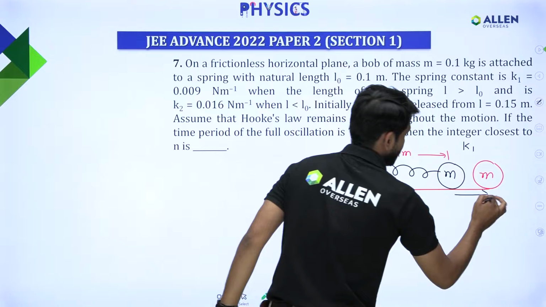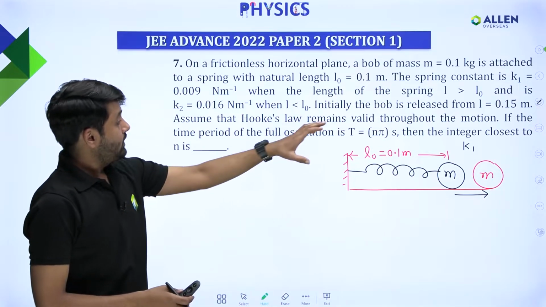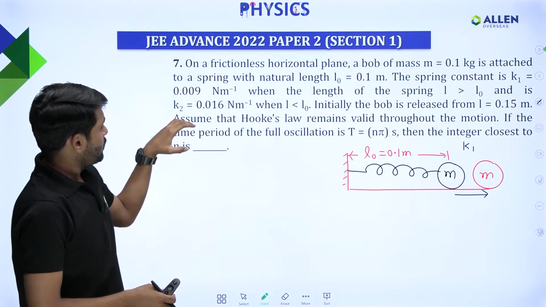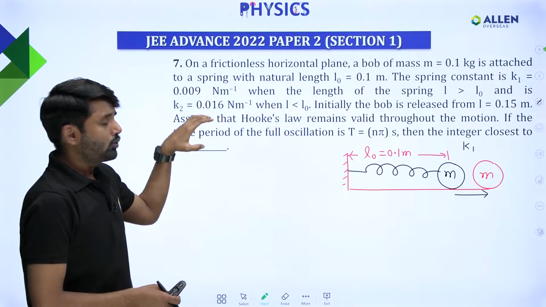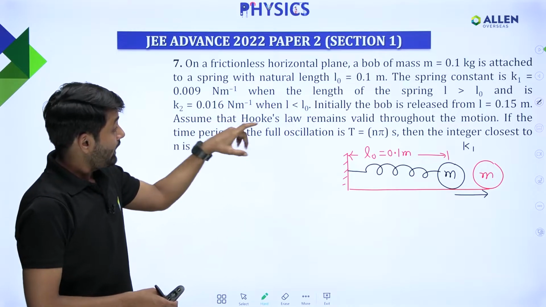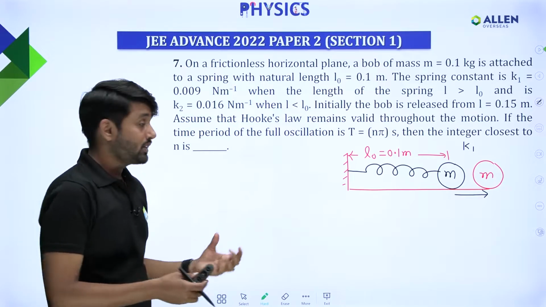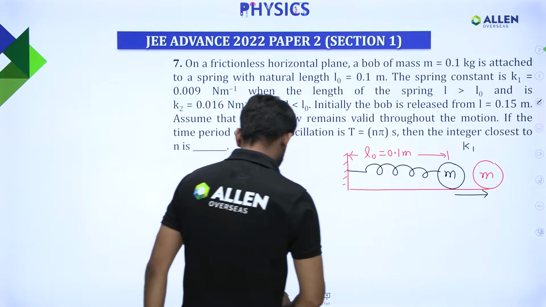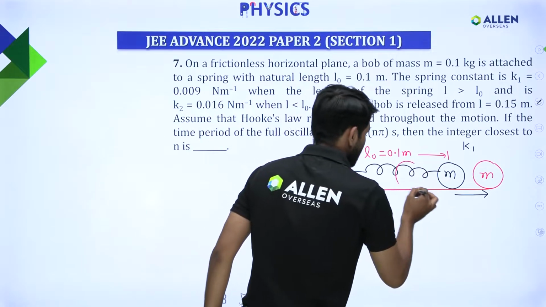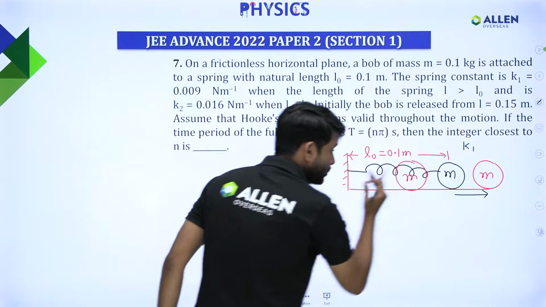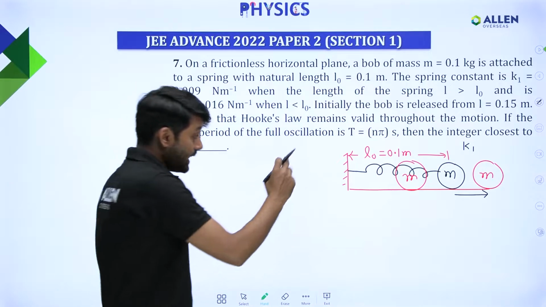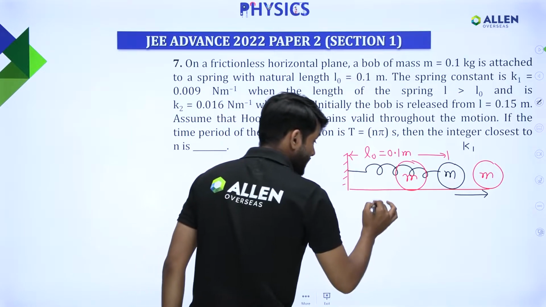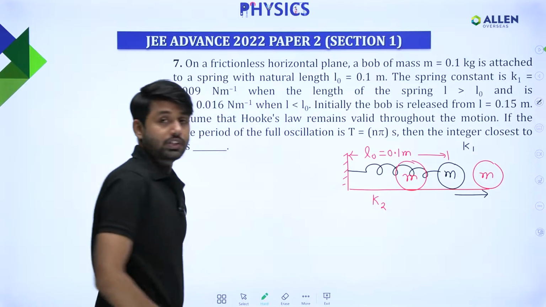And K2 is equal to 0.016 Newton per meter when L is less than L0, meaning this is the condition of compression. So when this bob is moving in this direction, at that time the spring constant changes, that is K2. It is given in the question.